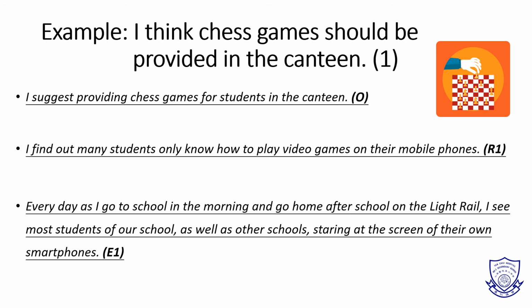Every day as I go to school in the morning and go home after school on the light rail, I see most students of our school as well as other schools staring at the screen of their own smartphones. This third sentence is an example to support the first reason.